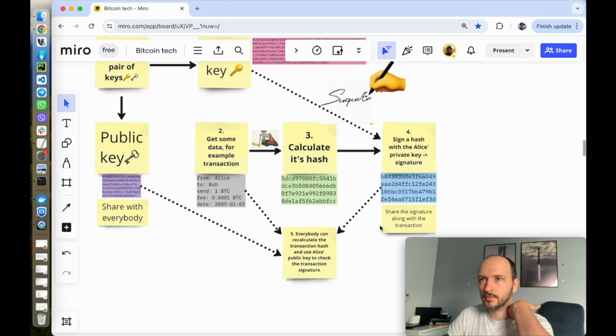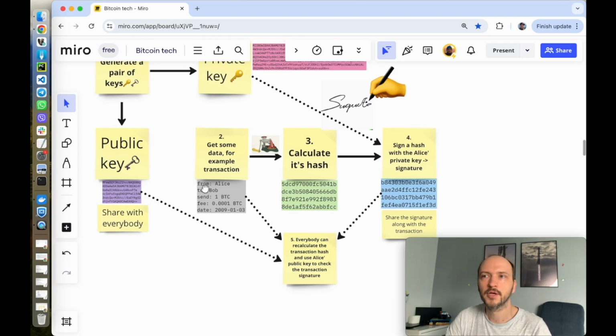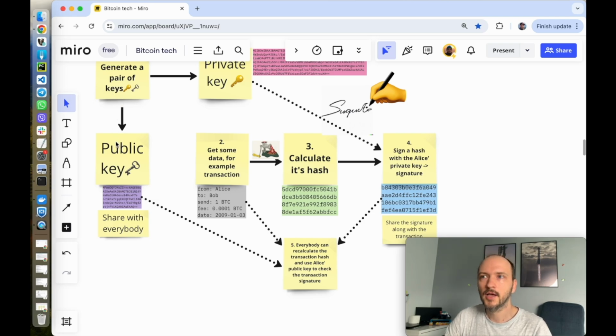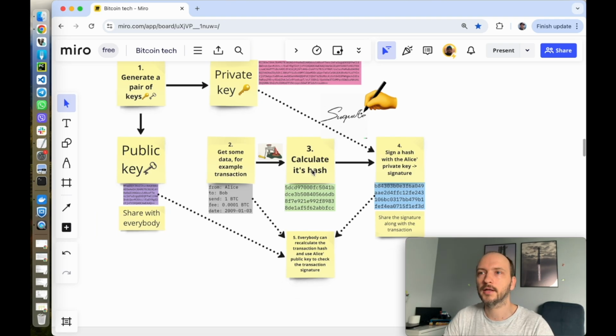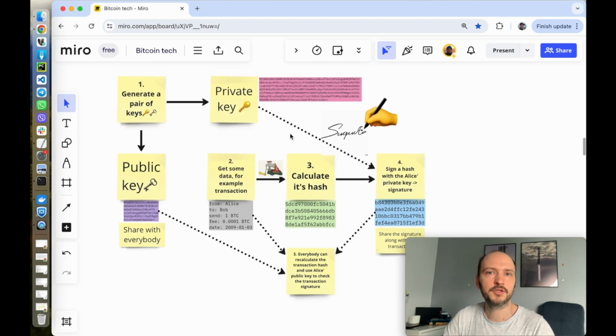Thus people are able to validate that Alice actually authorized this transaction. It's quite simple on a high level, and the only remaining piece is the algorithm that lies underneath. If you want to understand it, you can look through the papers that explain it, but on a high level the mechanism is like that. Okay, that's the digital signature.